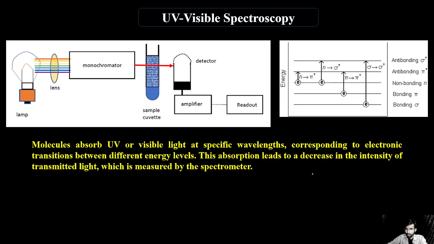Radio has the highest wavelength among these, and then UV, visible. The visible range is from 400 nanometer to 700 nanometer, right? So the basic principle is that here one lamp is there.